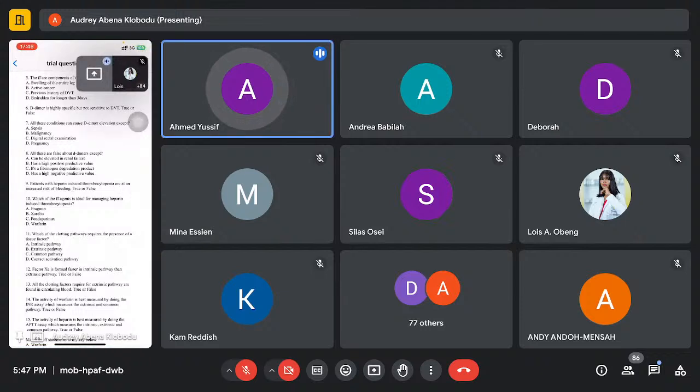So heparin-induced thrombocytopenia. I said that whenever you see the term heparin-induced thrombocytopenia, we are referring to type 2. We have type 1 and type 2. But type 1 is now referred to as HAT, heparin-associated thrombocytopenia, because they realized that heparin-induced thrombocytopenia is more of a misnomer.